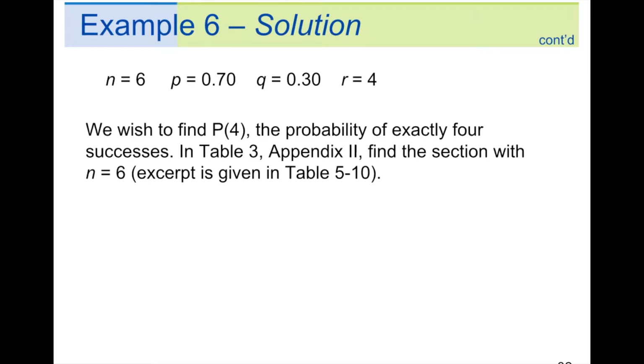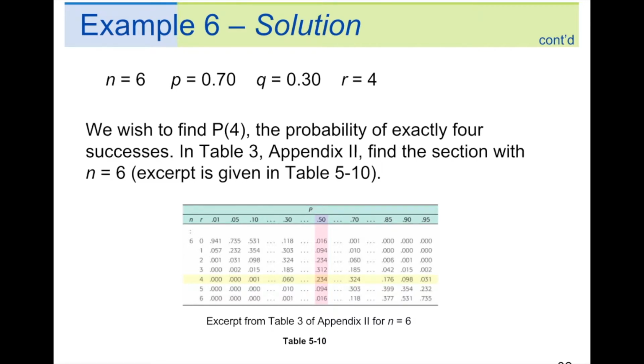In Table 3, Appendix 2, the table that we've been looking at, find the section with n equals 6. For some reason they still have the previous one highlighted, so we're actually looking at 0.7 now, but we are still looking for r equals 4.